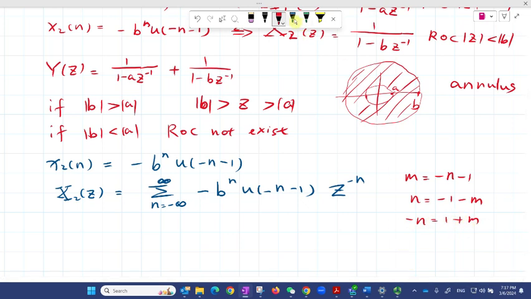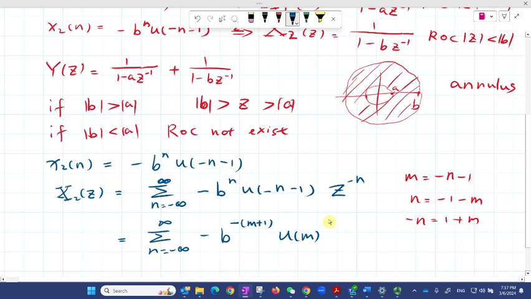So we plug in: b becomes b to the negative m plus 1, u becomes u[m], and z to the negative n is z to the 1 plus m.